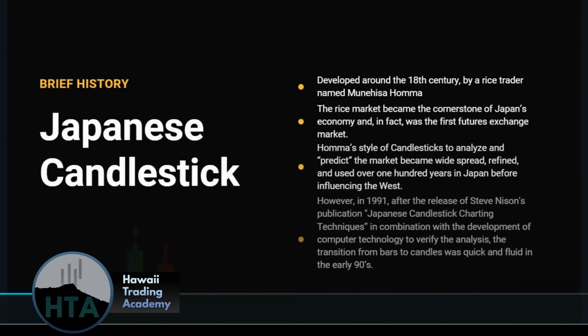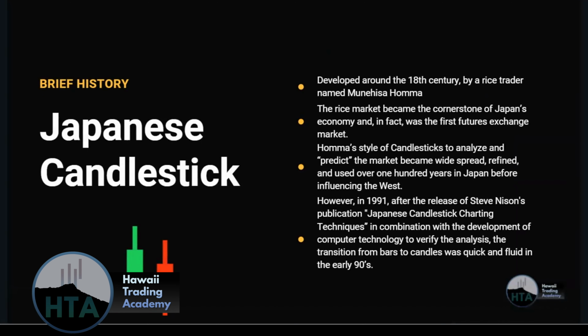And so the next slide, we're going to be talking about how the Japanese people invented the candlestick. A lot of the commodity traders back in the 70s, 80s were using bars as a form of representing price on the chart.